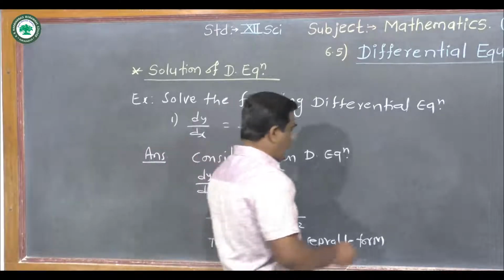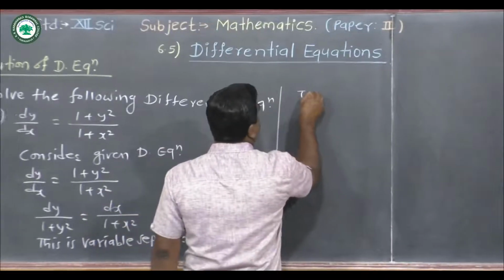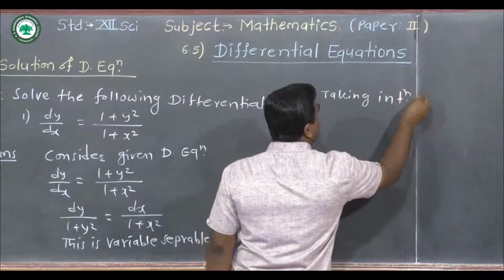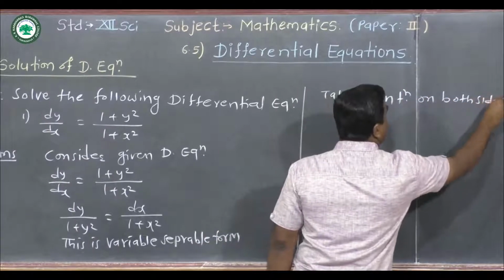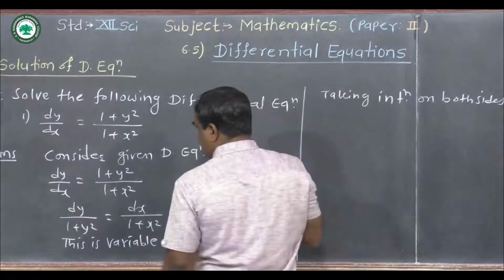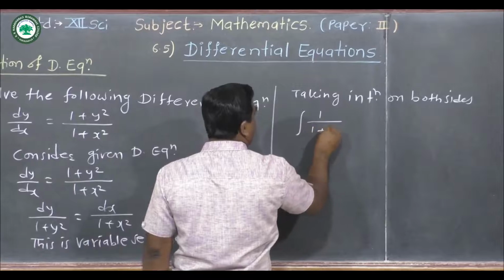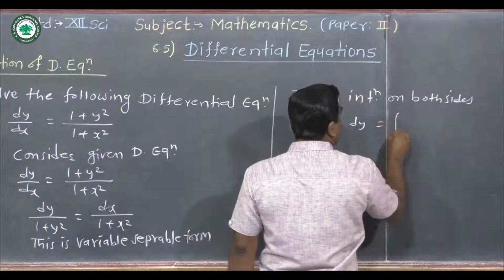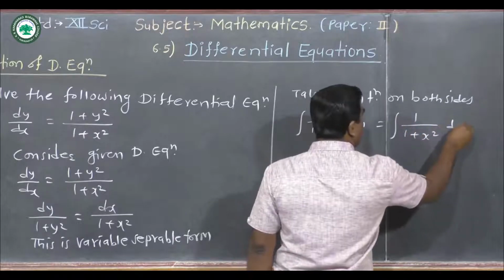Now take integration. Taking integration on both sides, we get integral of 1 upon 1 plus y square into dy is equal to integral of 1 upon 1 plus x square dx.